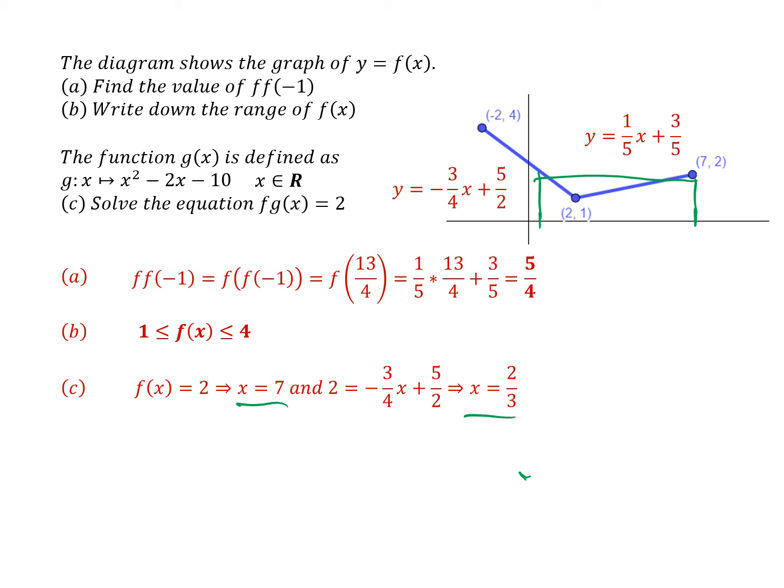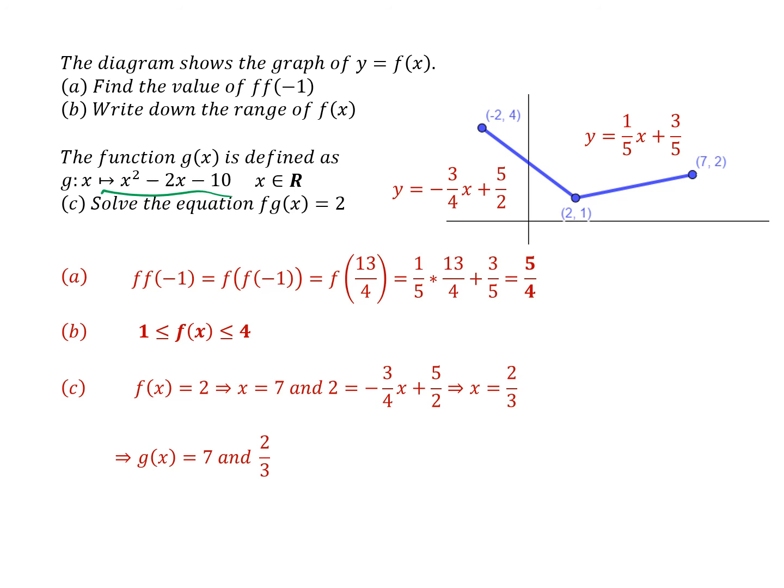So that means that when we're trying to solve fg of x equals 2, then g of x must be either 7 or 2/3. Now g of x is x squared minus 2x minus 10.